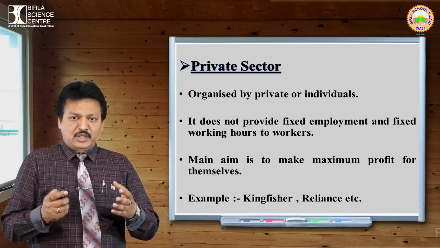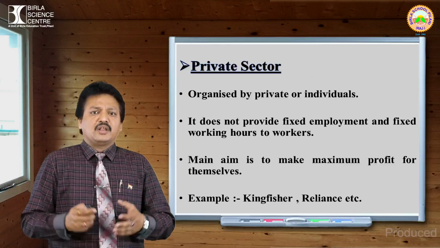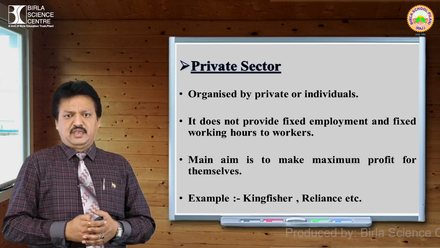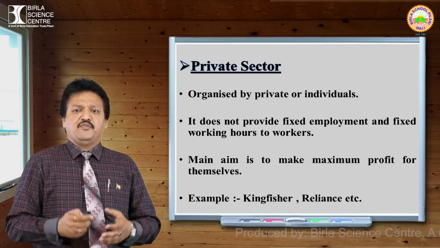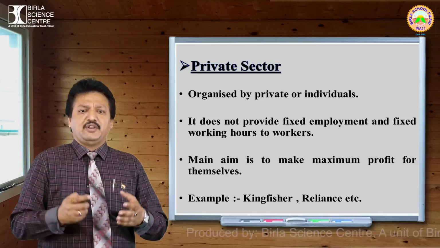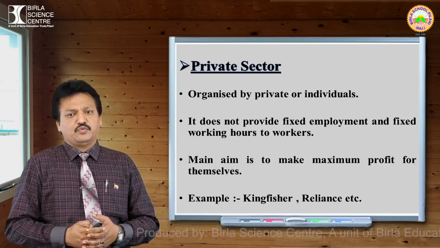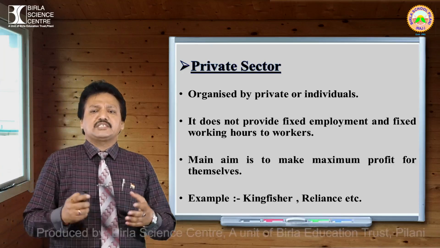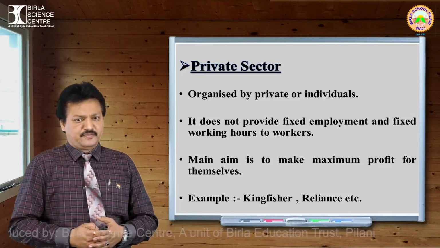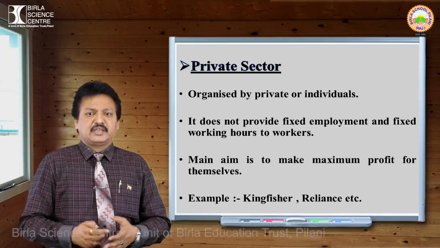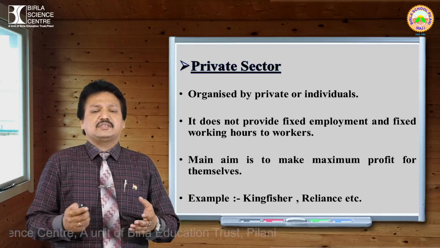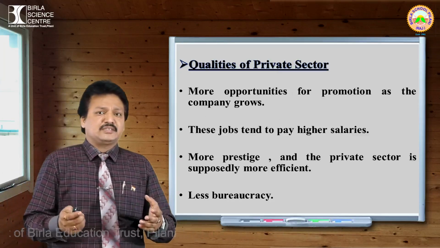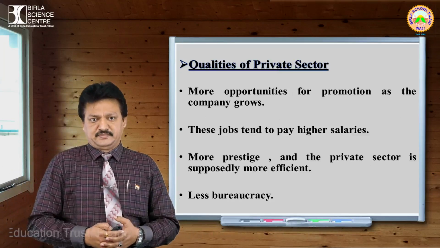Now, come to the private sector, organized by private individuals. It does not provide fixed employment and fixed working hours to workers. Main aim is to make maximum profit for themselves. Example, Kingfisher company and Reliance company, etc. Now, what are the qualities in the private sector?